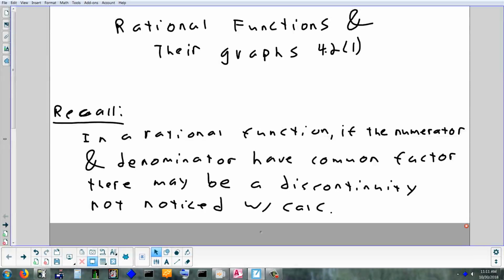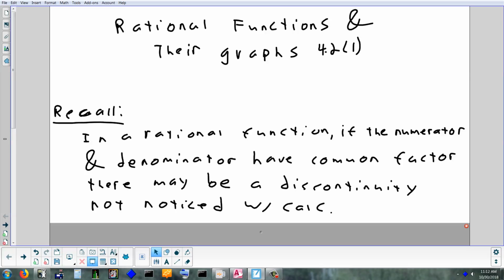So remember, not every time the denominator is 0 results in a vertical asymptote. What is the other thing that can happen? What can happen besides a vertical asymptote? You can get something in the graph that you can't even see because it's so small. Remember? Yep, a hole.